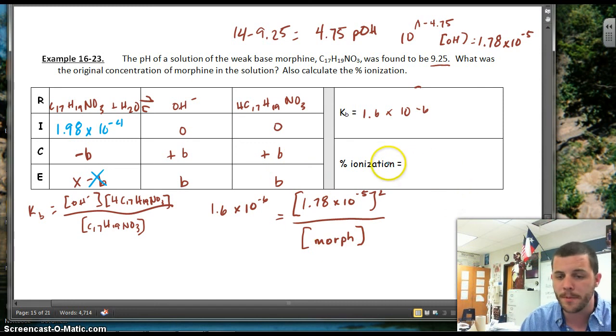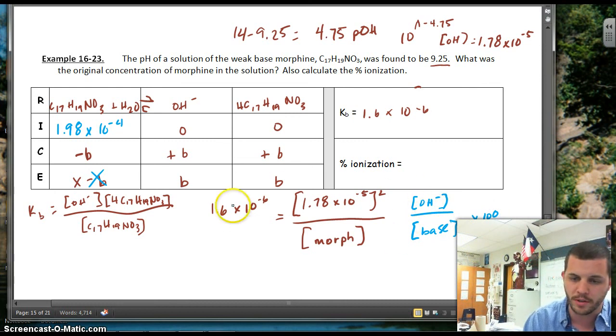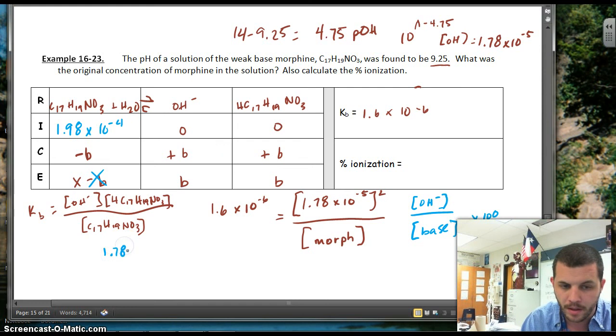All right, so now the percent ionization is going to be the OH minus concentration over the concentration of the original base times 100. My OH minus concentration is 1.78 times 10 to the negative 5th divided by my initial concentration of my base, which was 1.98 times 10 to the negative 4th, times 100.